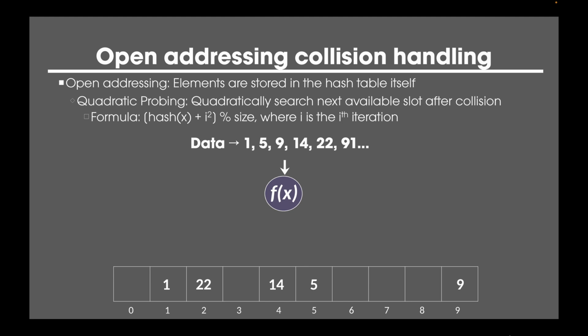This process continues for the iteration 3. Index for the iteration 3 can be calculated as 1 plus i square modulus 10, which evaluates to index 0. Quadratic probing avoids the clustering problem which can be seen in linear probing.